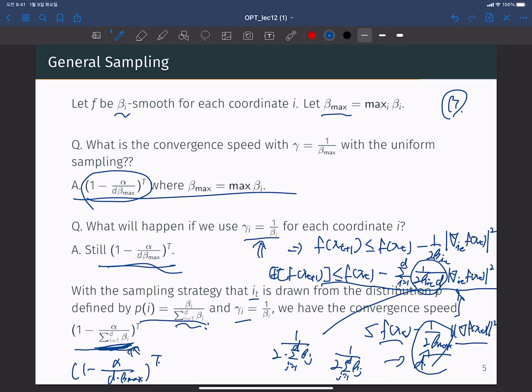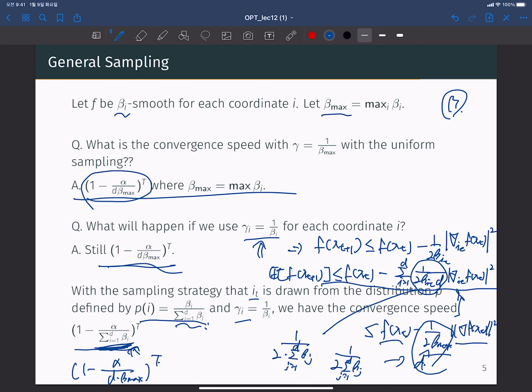Then we can make this convergence speed. So with the coordinate descent algorithm with a coordinate dependent learning rate and coordinate dependent sampling probability, we can not only make a very simple update rule, but also speed up the convergence speed.